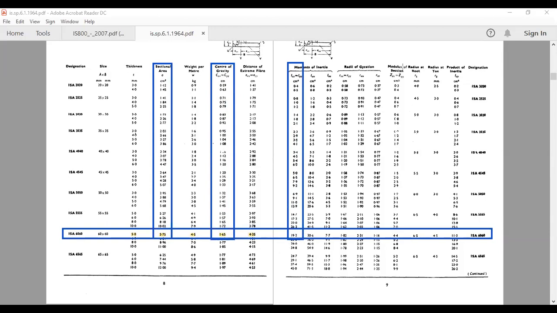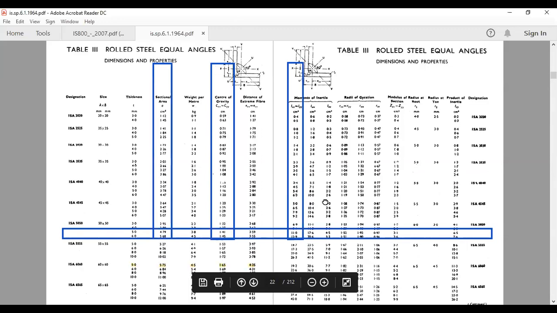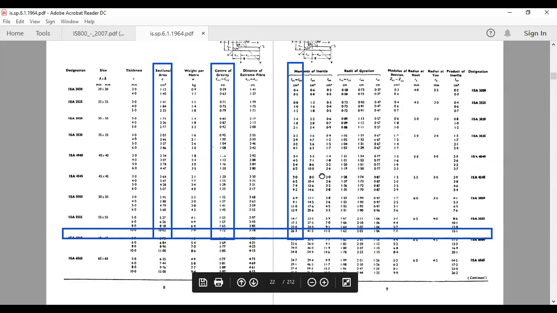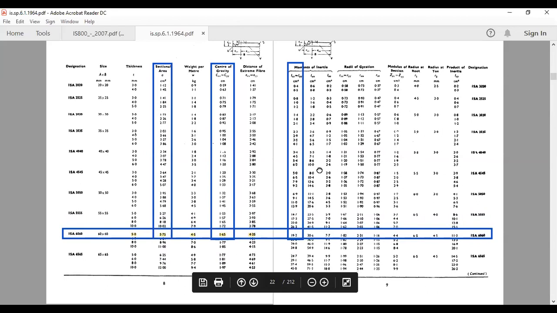This is how I have chosen the properties of this section. One, area; then the centroidal distance from the angle; and one more is moment of inertia. So these three properties I have taken.